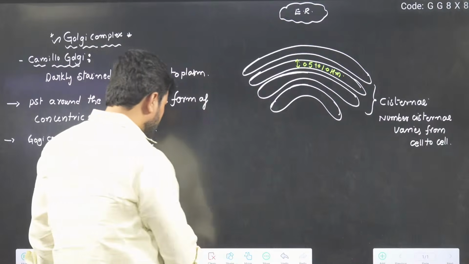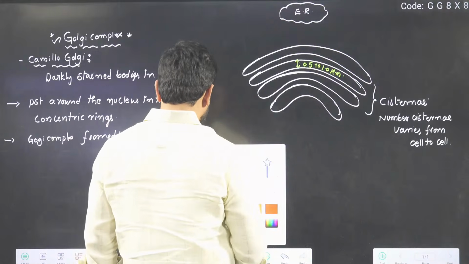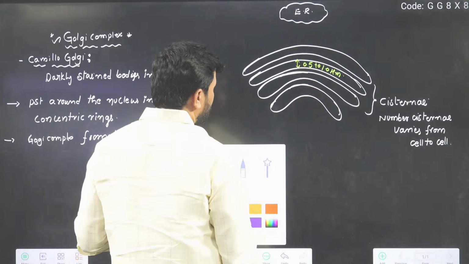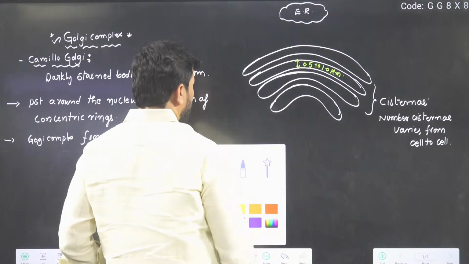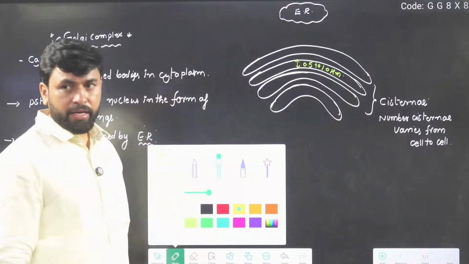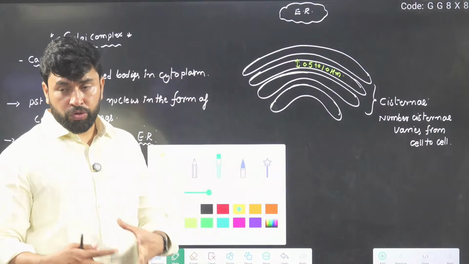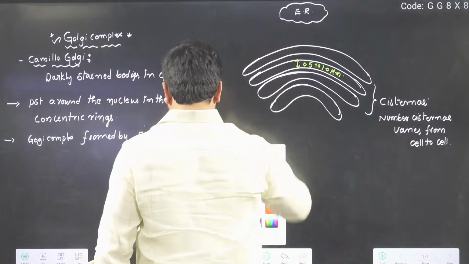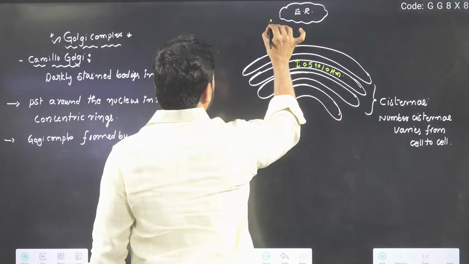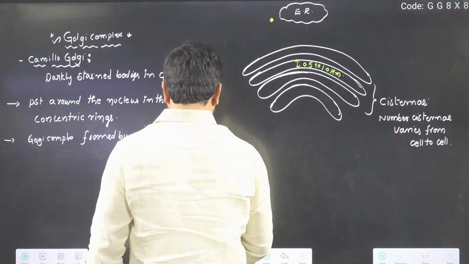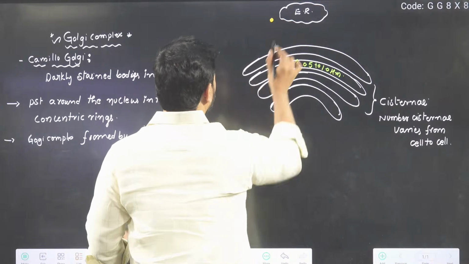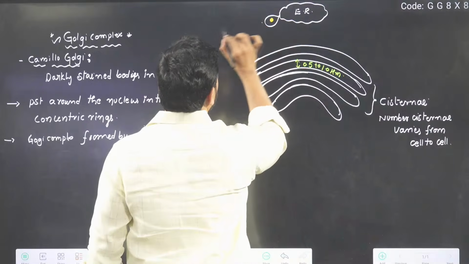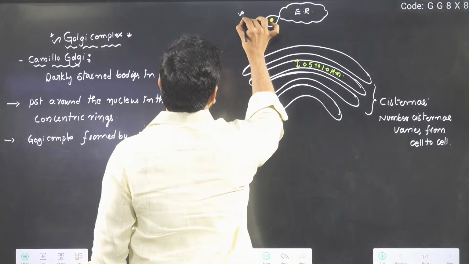Then, how does endoplasmic reticulum form our Golgi complex? You said the Golgi complex is formed by endoplasmic reticulum. How? It will form like this. If the endoplasmic reticulum wants to send something, for example this material, to our Golgi complex, it will send it in the form of a small vesicle.